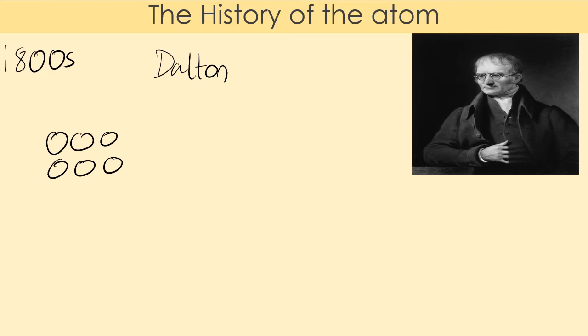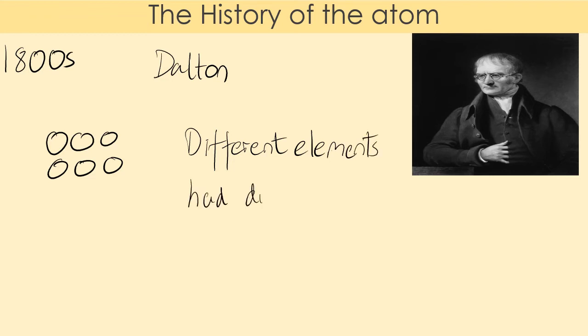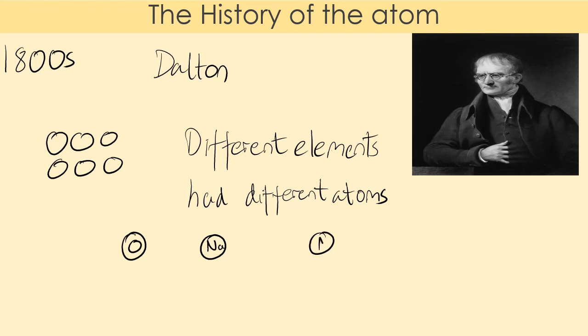But instead of all atoms being identical, he decided that actually different elements were made up of different atoms. So we might have an oxygen atom, a sodium atom, a nitrogen atom, a hydrogen atom, and they are all different.